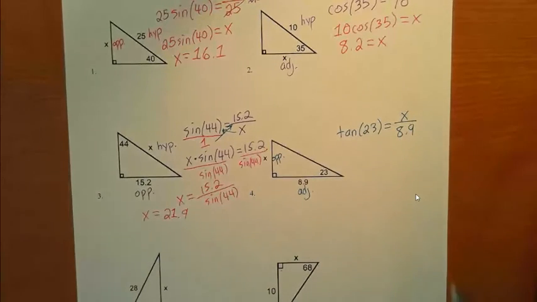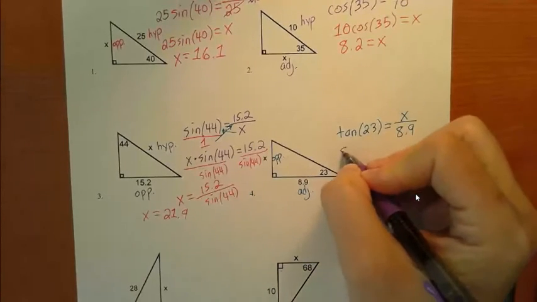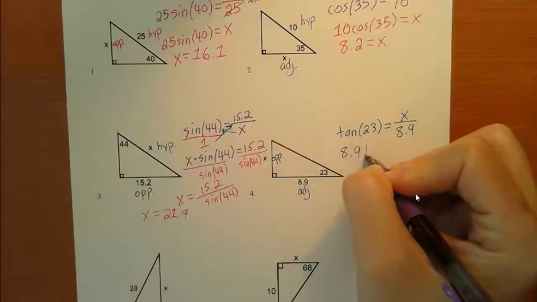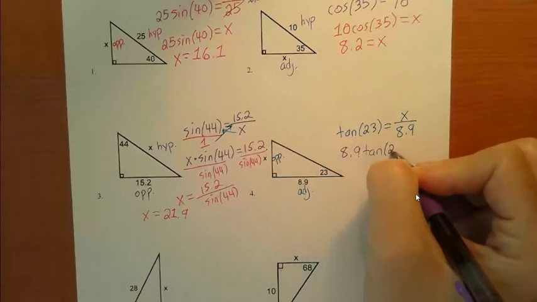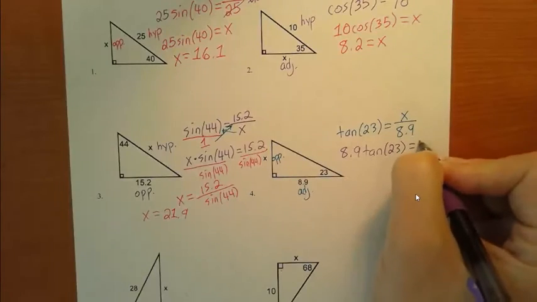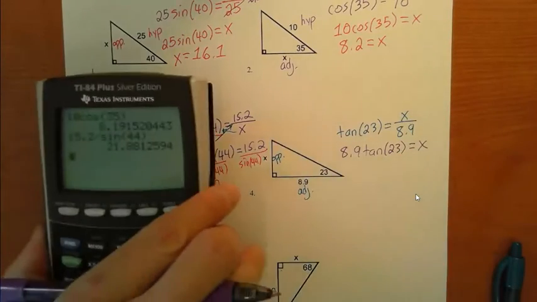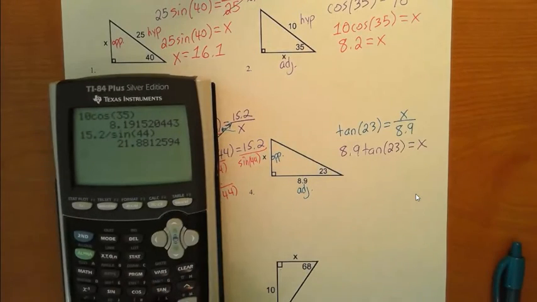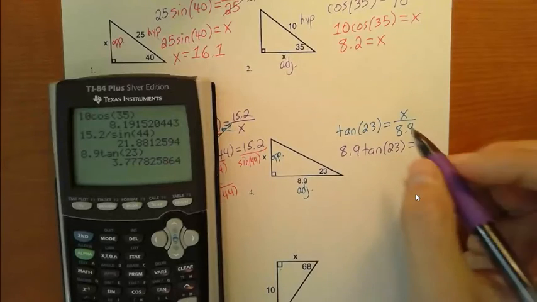And we have that as our setup. So we're going to multiply by 8.9 on both sides like earlier. 8.9 times the tangent of 23 is equal to x. And we can use our calculator to find that the answer is going to be equal to 3.8.